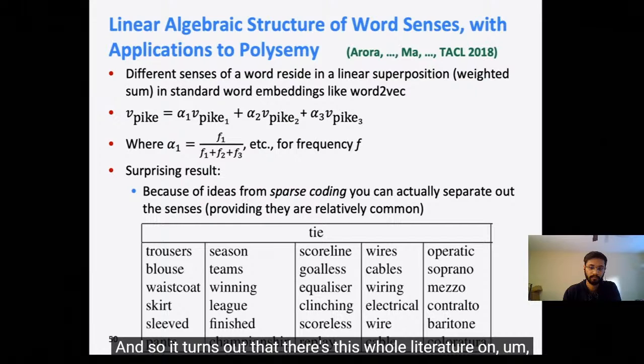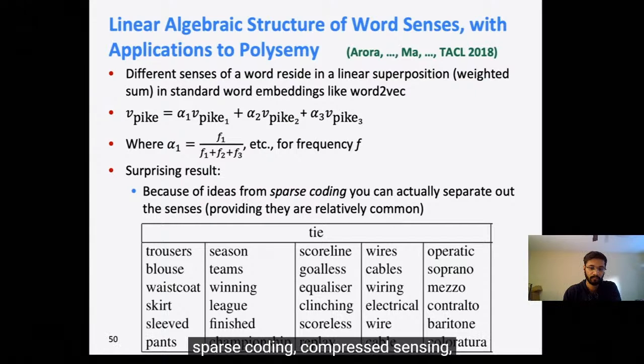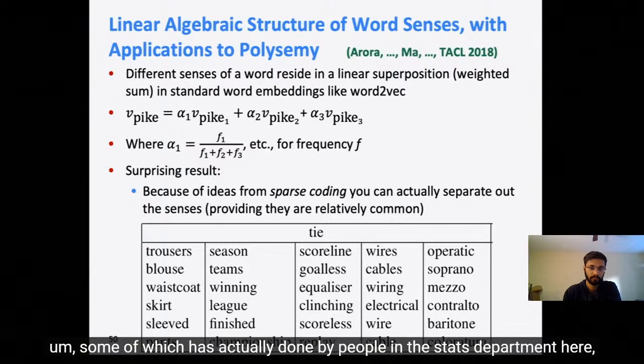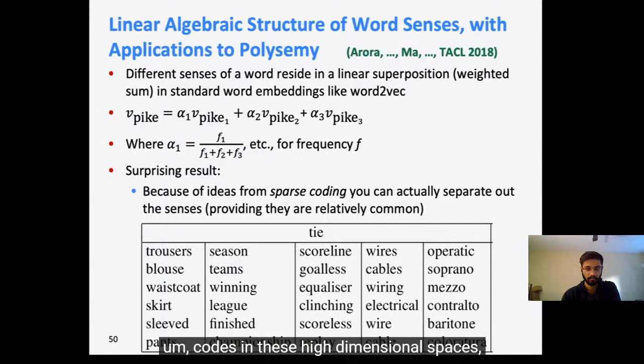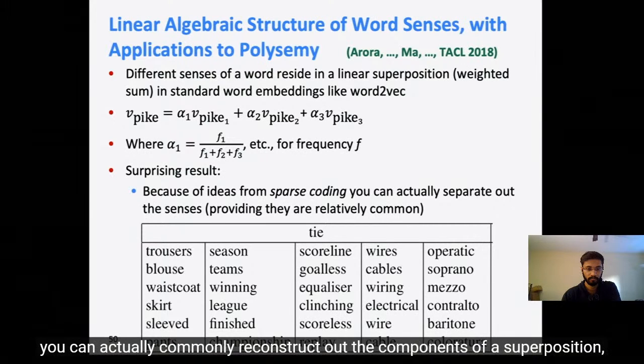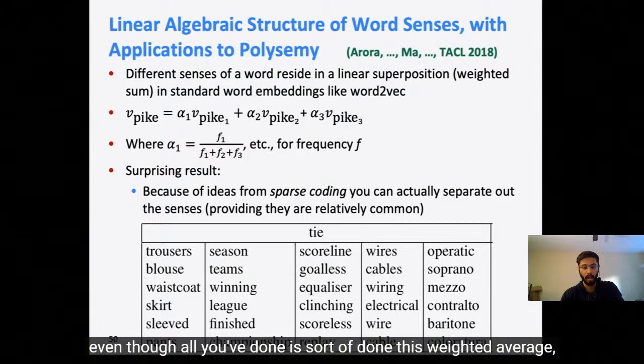And so it turns out that there's this whole literature on sparse coding, compressed sensing, some of which is actually done by people in the stats department here, which shows that in these cases where you have these sparse codes in these high dimensional spaces, you can actually commonly reconstruct out the components of a superposition, even though all you've done is this weighted average.